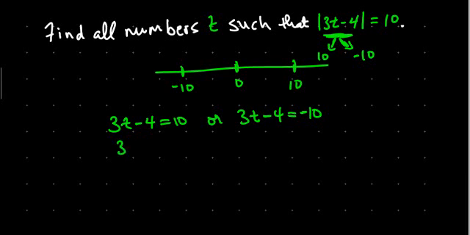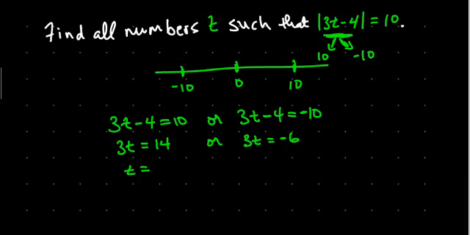So here we get 3t equals, add 4 to both sides, 14, or 3t equals, add 4 to both sides, and what do we get? Negative 6. Divide both sides by 3, and we get 14 thirds.